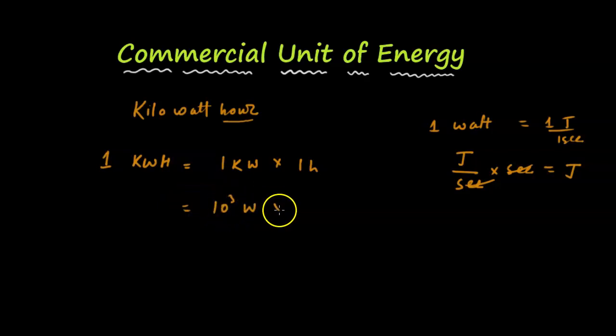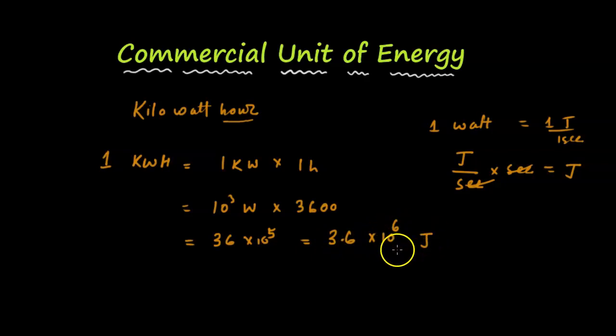We have to convert the hour into second, so it will be 3600 seconds. And now the value will be 3600 × 10 to the power 3, or we can write 3.6 × 10 to the power 6 joule. Hope you understood this because we converted the hour into seconds. So watt and second when we write them together, we get the value joule over here.